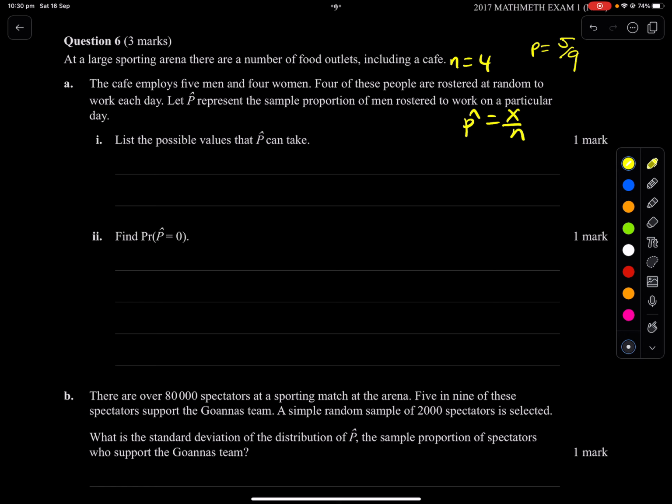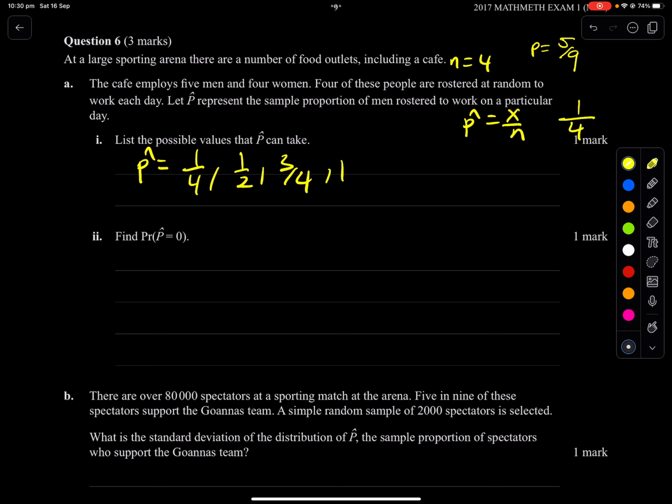So the first P value, if we put x equals 1, n is 4, so 1 on 4. If you put 2, it'll be a half. 3 over 4, and 4 over 4, which is 1. Is that right? These are your proportions.